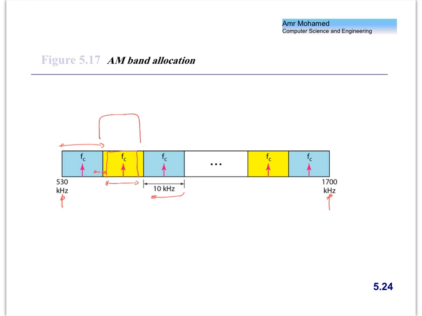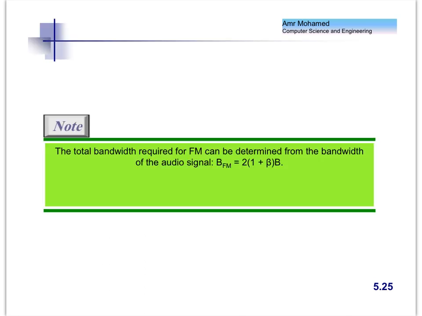Filters are never ideal, so you have to have some effect like this. That's why you need to leave some guard bands so that you can facilitate efficient reception at the receiver side. Okay? Any questions? So that's AM, or amplitude modulation.